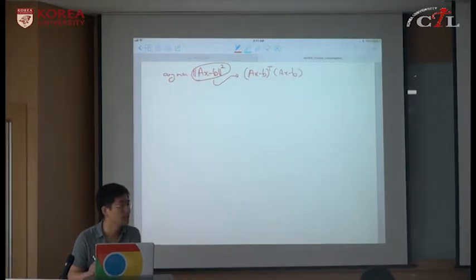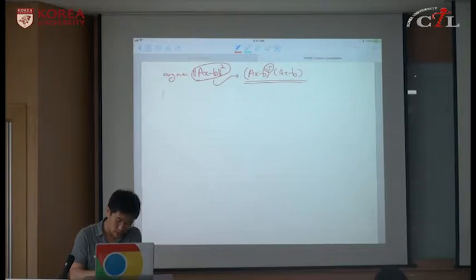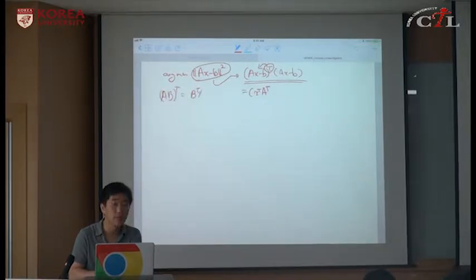The norm squared of a particular vector is represented as the inner product with itself. If we distribute this transpose, it will be x transpose and A transpose. You know that (AB) transpose is B transpose A transpose, right?